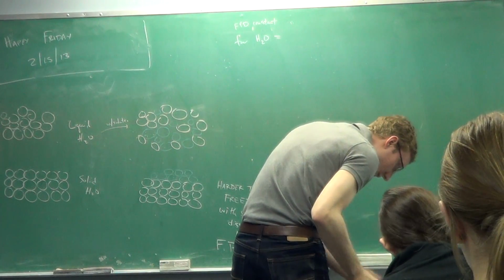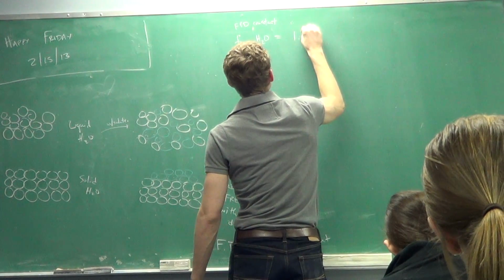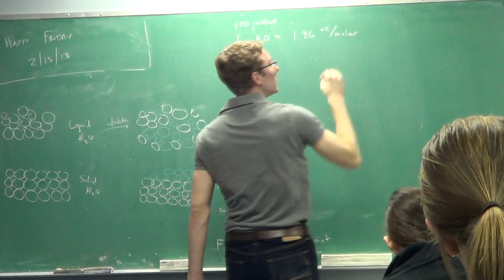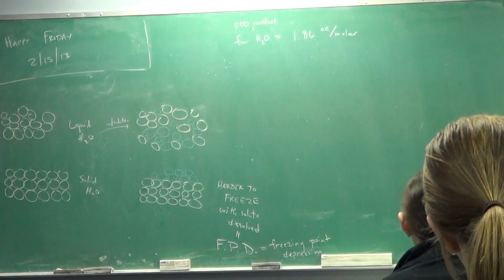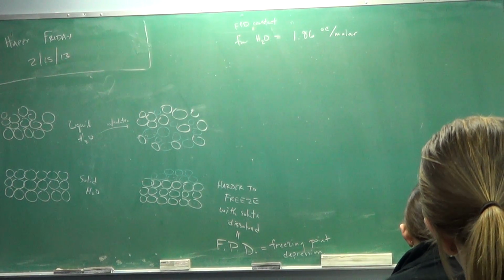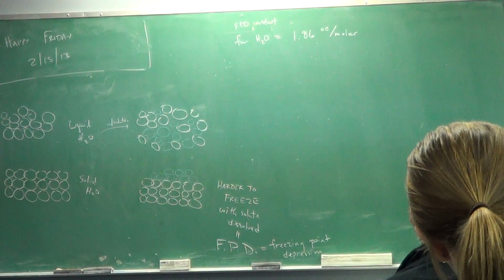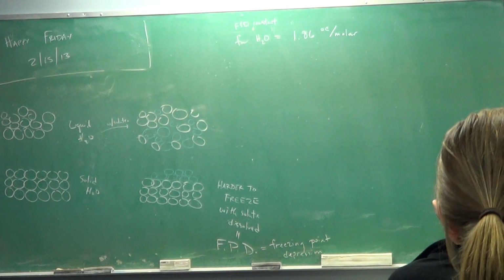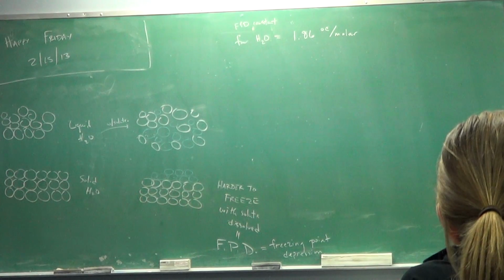I'm just reading it right out of the chart. 1.86 degrees Celsius per molar. So that means every mole per liter that you dissolve of solute, you're going to depress the freezing point 1.86 degrees Celsius.